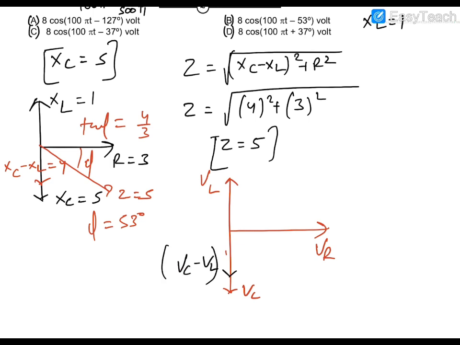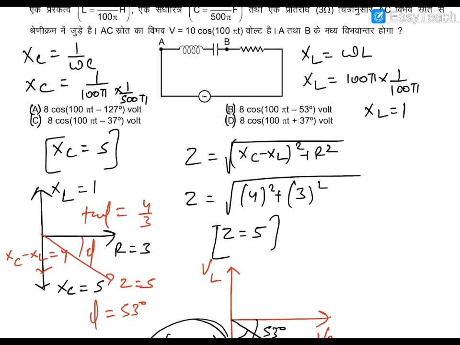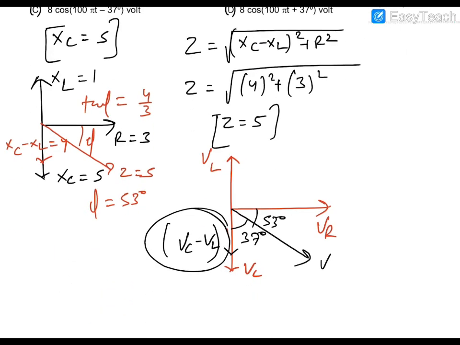And the net voltage will be on this axis like this. This angle will be 53, this angle will be 37. So VC minus VL, which is the voltage across A and B, is behind the net voltage by an angle of 37 degree.